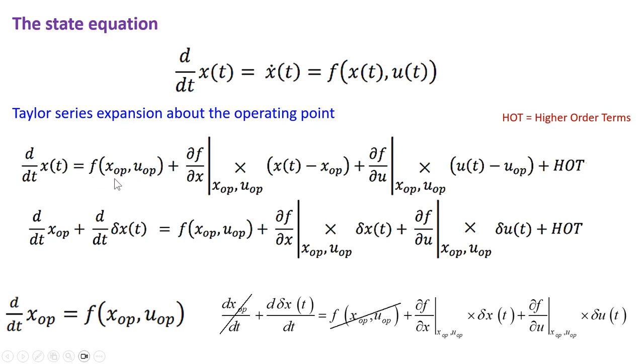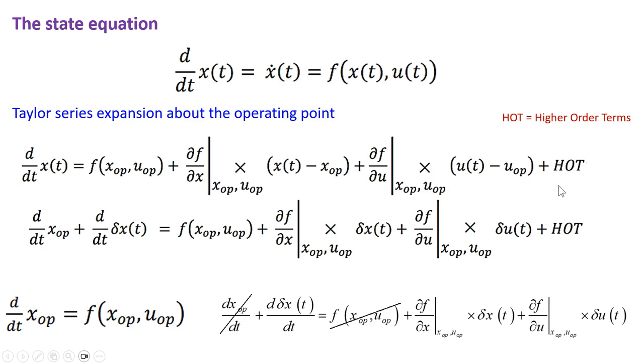This term defines the partial derivative with respect to x, or the states, and the deviation of the state from the operating point. The third term is the deviation of the control inputs from the operating point and the partial derivative of the f evaluated for u. And similarly, we get higher order terms. To linearize the model, we neglect the higher order terms.